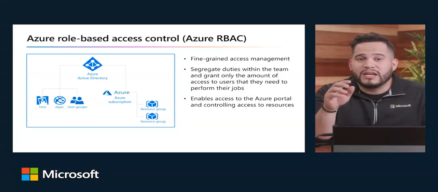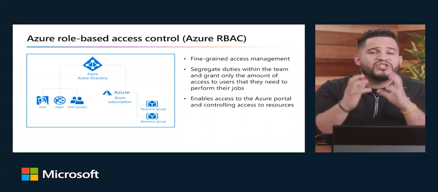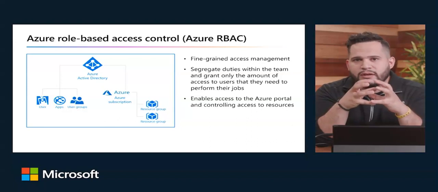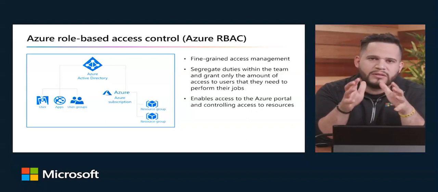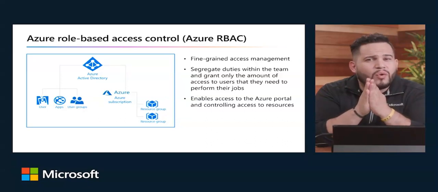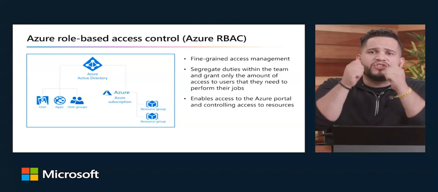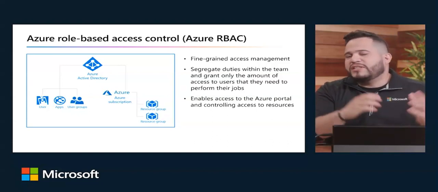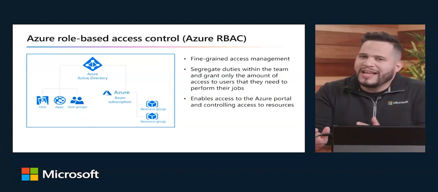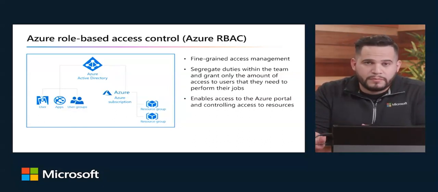Because when it comes to setting up your role-based access control, an important thing to remember is to segregate your duties. That's one of the first things you need to do. Segregate your duties and make sure that you're only giving the access that is required to do their job. Now, there's a saying that you should only trust people as far as you can throw them.